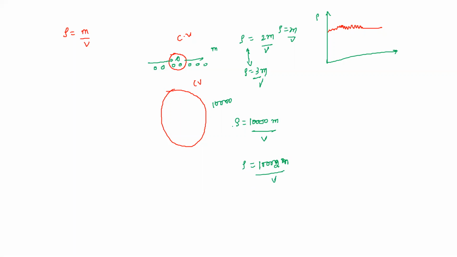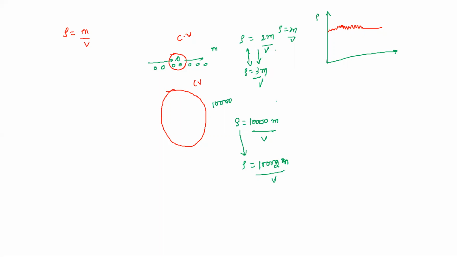Now, if you observe this difference and this difference, which one is going to be more noticeable? Obviously, the above difference, 2m and 3m. It's going to be more visible.